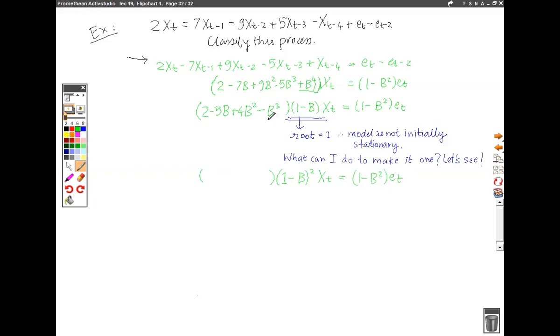Now I want you guys to divide this again with 1 minus B, and tell me what you get as the answer.